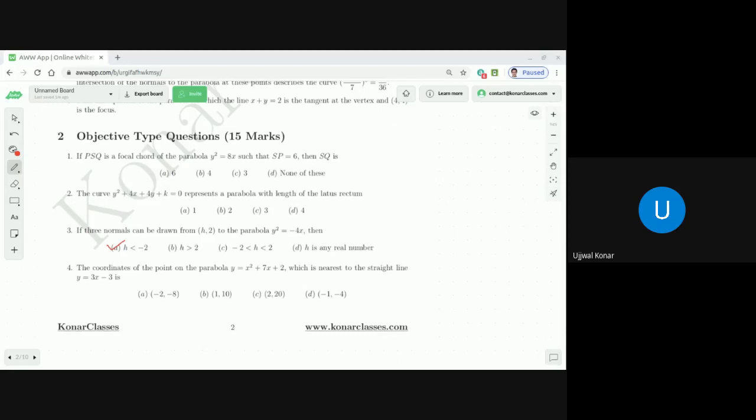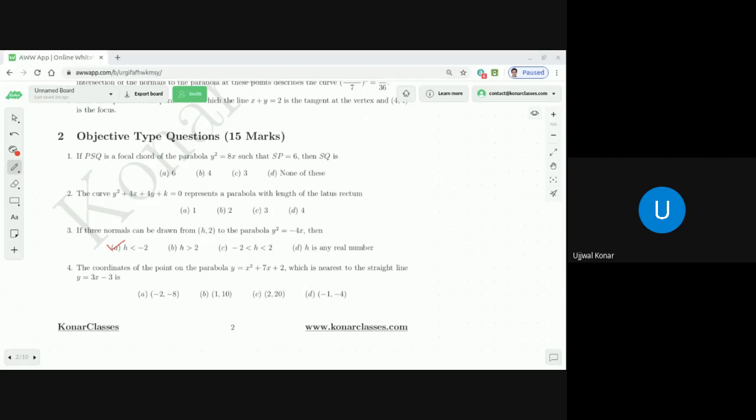You will get a cubic equation something like m³ + (h + 2)m - 2 = 0. Now, it's a very perfect amalgamation of algebra and coordinate geometry. According to the question, 3 normals are drawn.